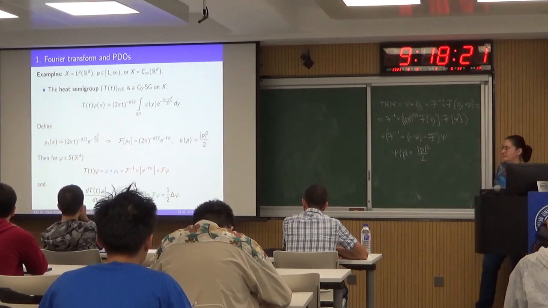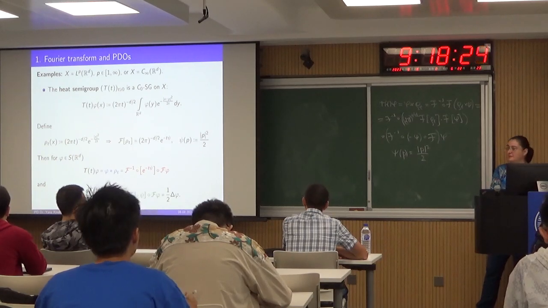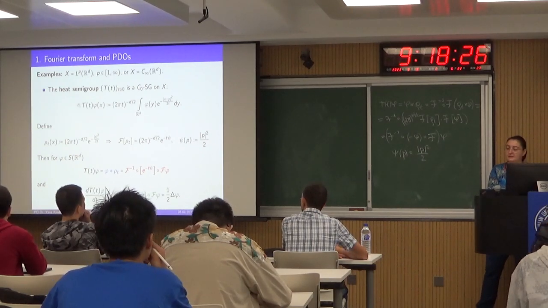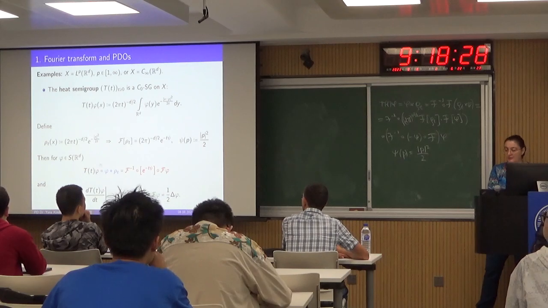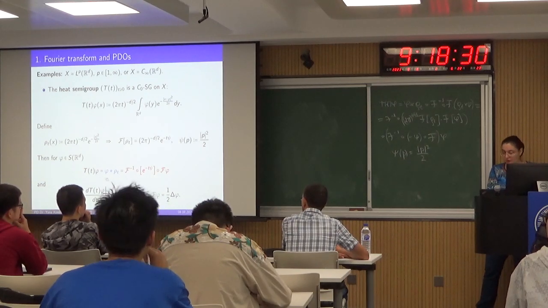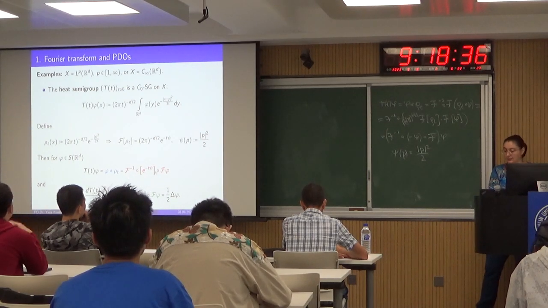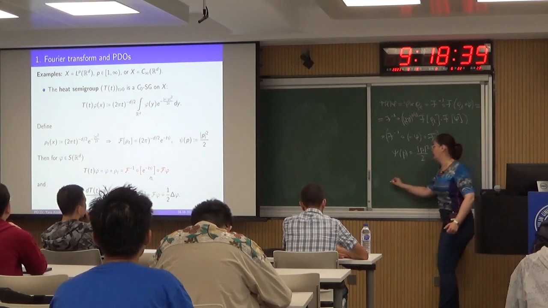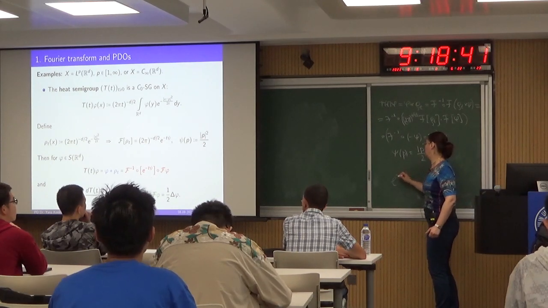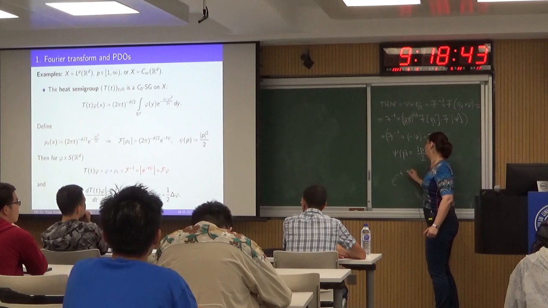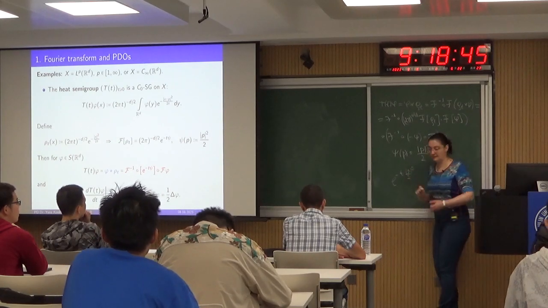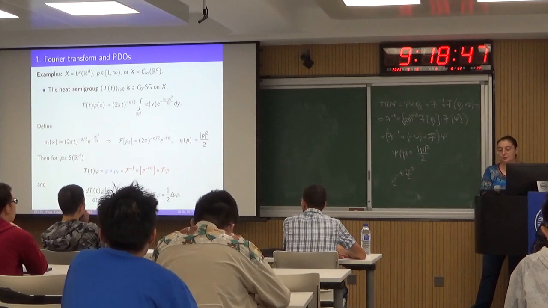Do you agree? We have just shown that the heat semigroup can be represented as a convolution, and it can be represented as a pseudo-differential operator with the symbol e to the power minus t p squared over 2, at least for good phi.